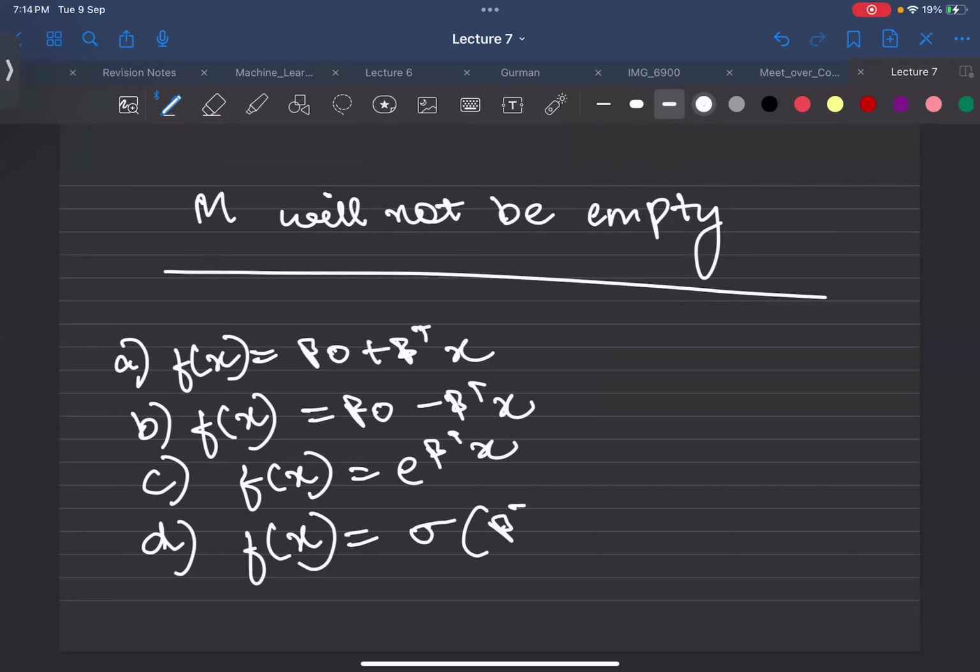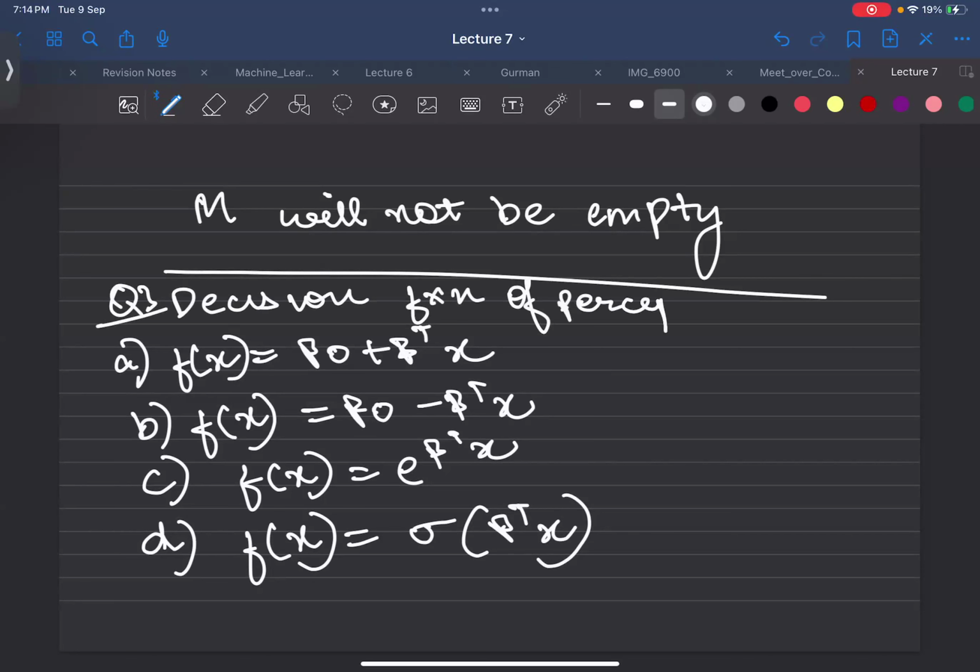These are very easy ones. The decision function. This is question three. Exactly. Everyone is correct. 3A.